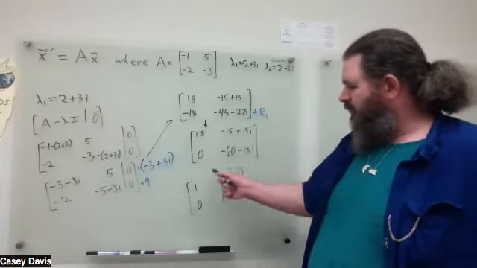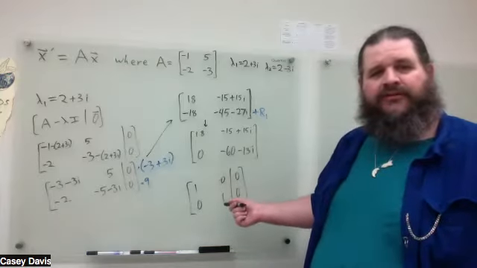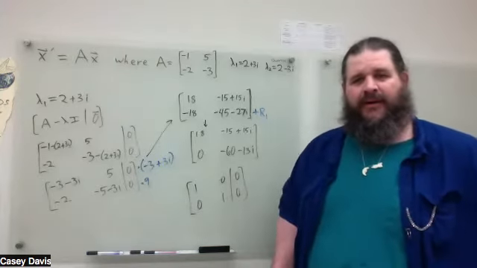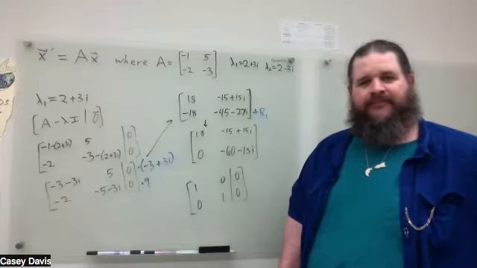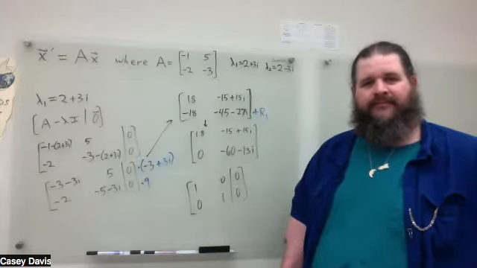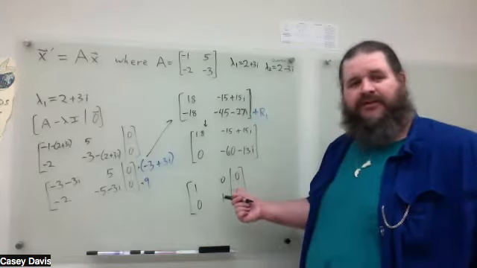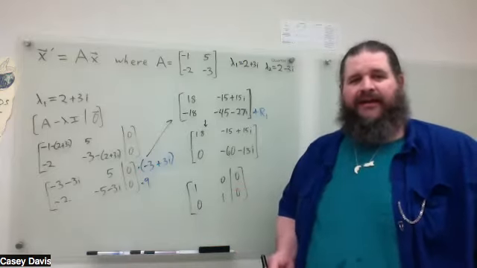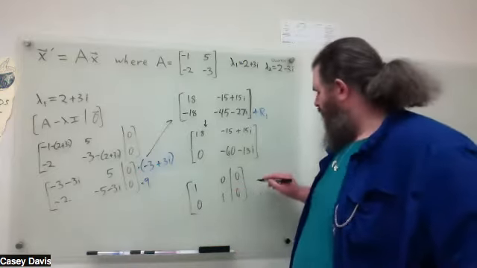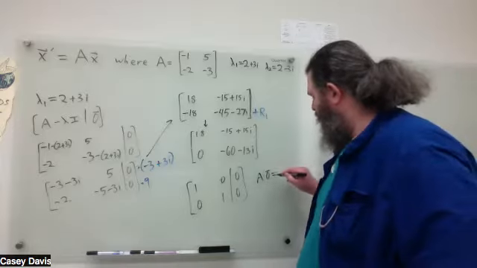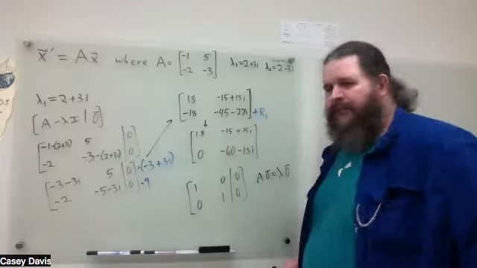And if your final reduced row echelon form is this, what's the only solution of that matrix or that system of equations? Yeah, the only solution to this would be the 0 vector, which is technically an eigenvector, because A times the 0 vector is lambda times the 0 vector.